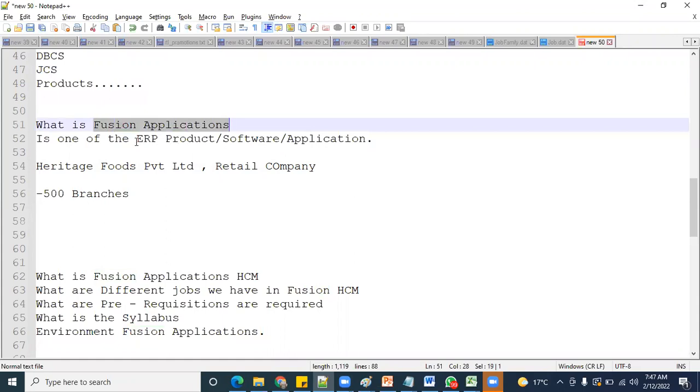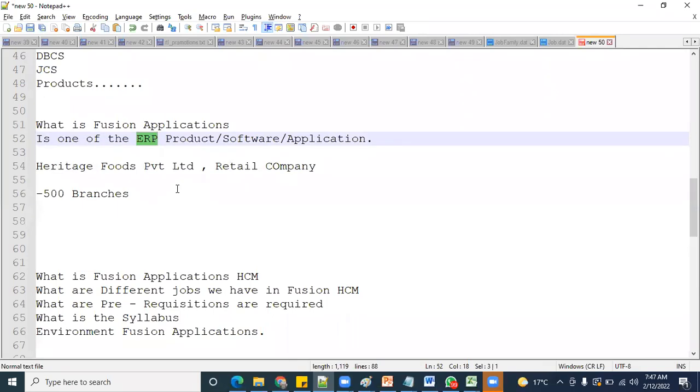Fusion Applications is one of the ERP software products or applications. ERP stands for Enterprise Resource Planning. If there is any enterprise, let's say Heritage Foods Private Limited is one of the enterprises. Enterprise is nothing but a company. What's their business? They are in the retail industry.